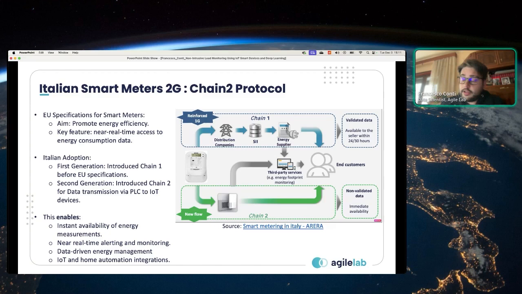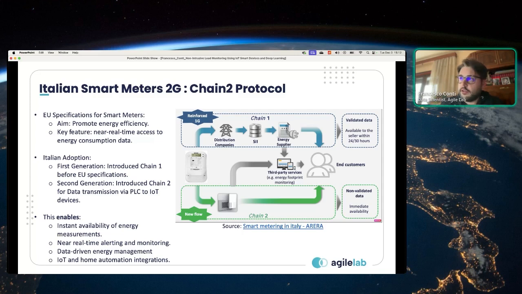The data should be available to third-party service providers and energy suppliers in order to implement this kind of techniques. And in this regard, the European Union published the specifications for smart meters with the final goal of promoting energy efficiency in Europe.